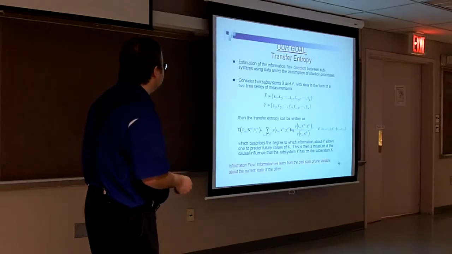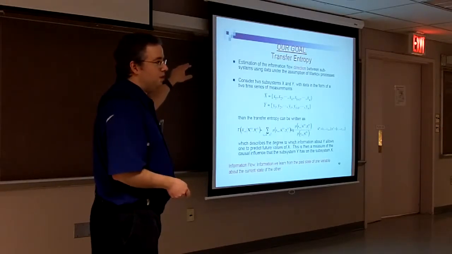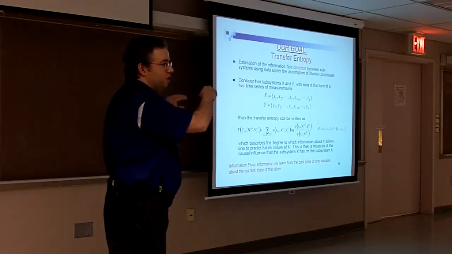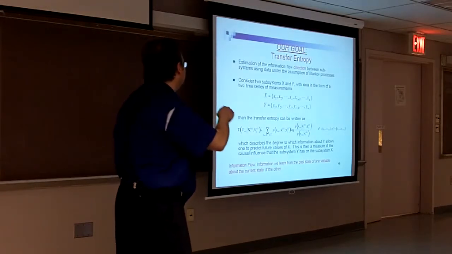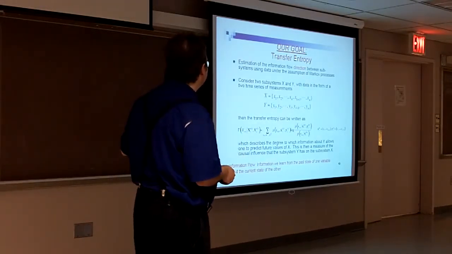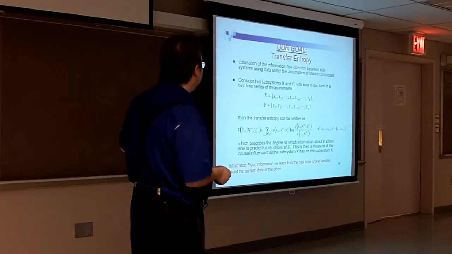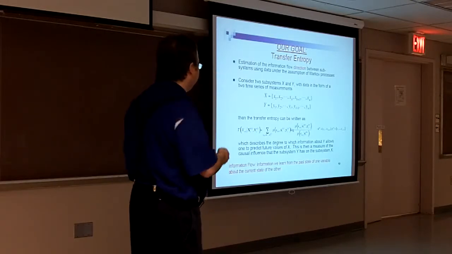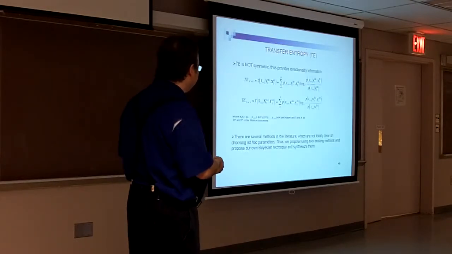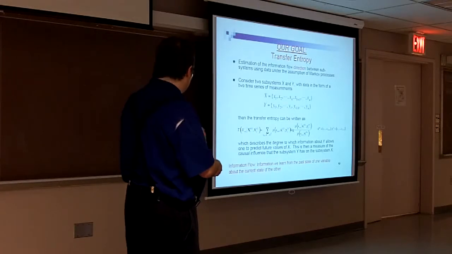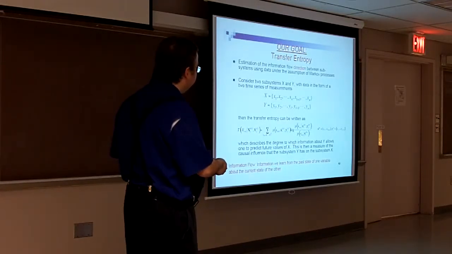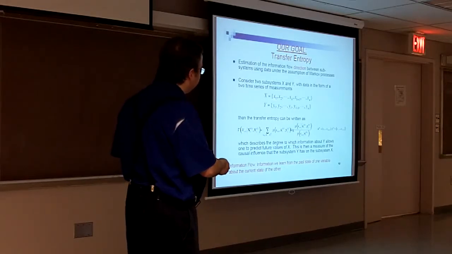So our goal, transfer entropy. Now directionality comes into the presentation. So how shall we put the direction? Now let's assume that we have one x variable with n measurements, and the other variable with n other measurements.